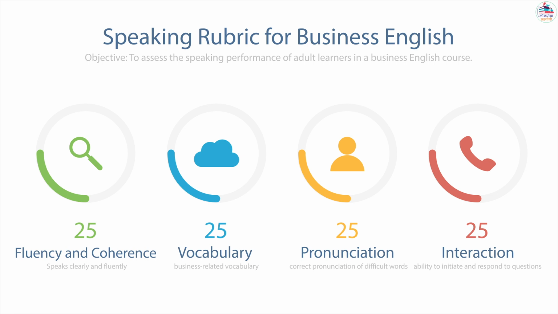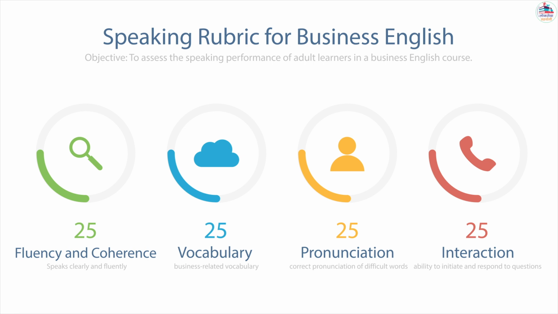What is the criteria? In terms of speaking rubrics, as teachers we have to focus on fluency and coherence, 25 points.